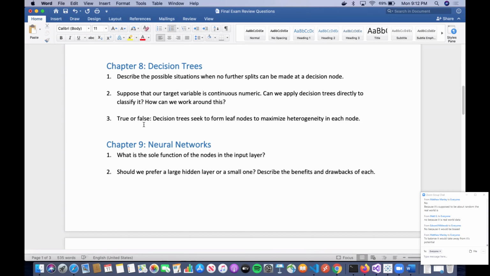So here's a true or false. Decision trees seek to form leaf nodes to maximize how heterogeneous they are, right? To answer this, you have to understand what the goal of a decision tree is. Is it for homogeneous nodes coming together, or heterogeneous nodes? What are we trying to maximize here?